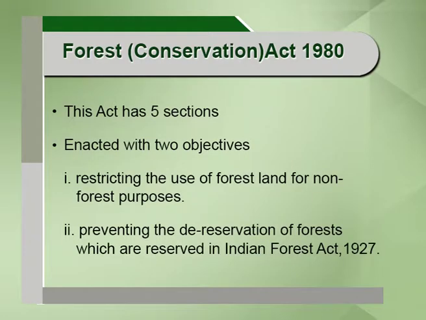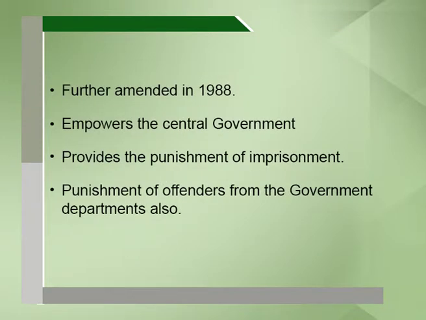One is restricting the use of forest land for non-forest purposes, and the other is preventing the de-reservation of the forest. It was also amended in 1988, and it empowers the central government regarding all the activities conducted in the forest, and it also provides punishment of imprisonment for offenders, including those from government departments.